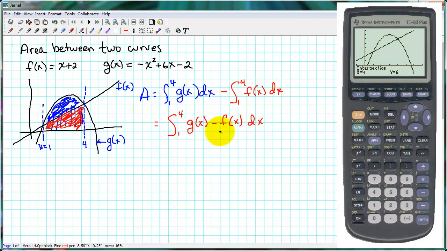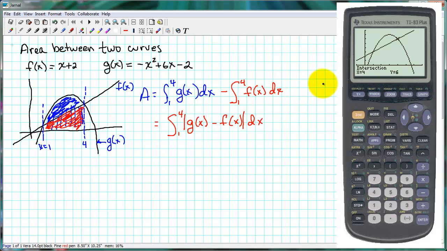To avoid this coming out to be a negative area, we can take an absolute value. Now if we were integrating by hand, taking the integral of an absolute value function is more complicated, but with the graphing calculator it's no problem. So let's go to the graphing calculator and figure this out.